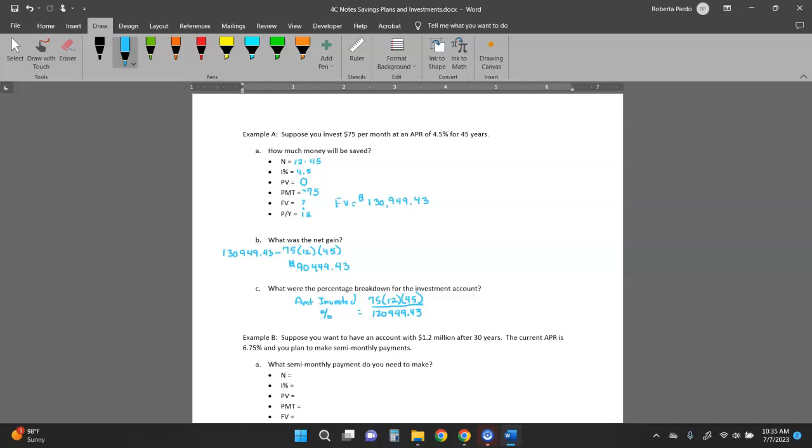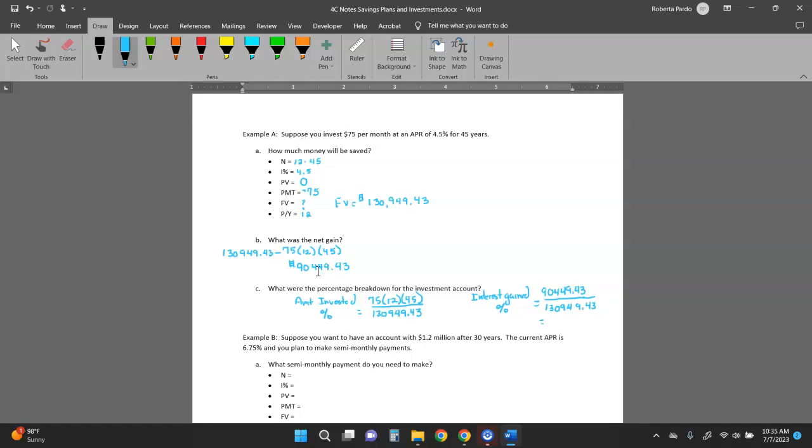And then the interest gained percentage would be 90,449 and 43 cents divided by the amount that ends up in the bank, which is our 130,949.43.